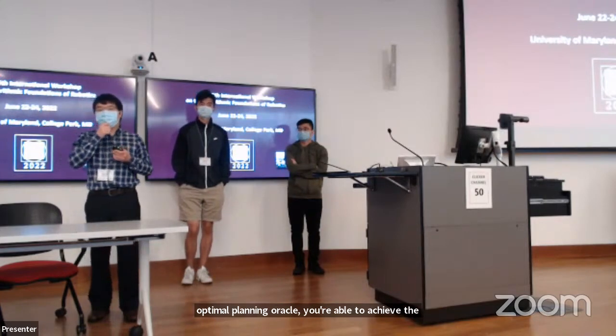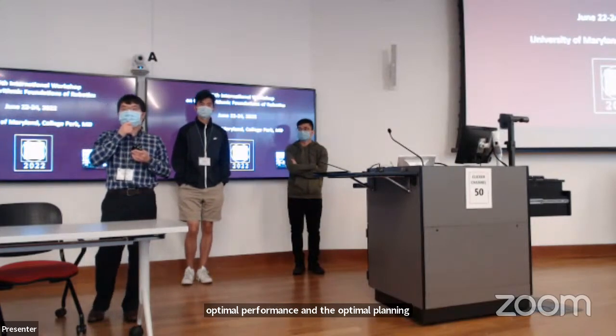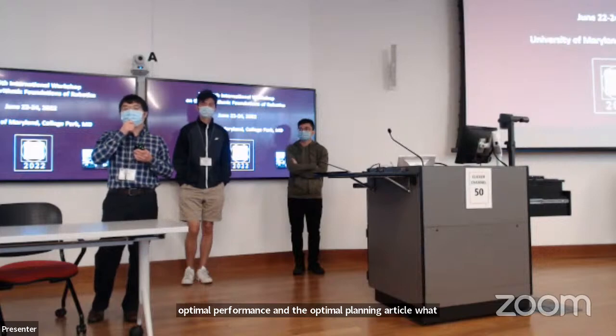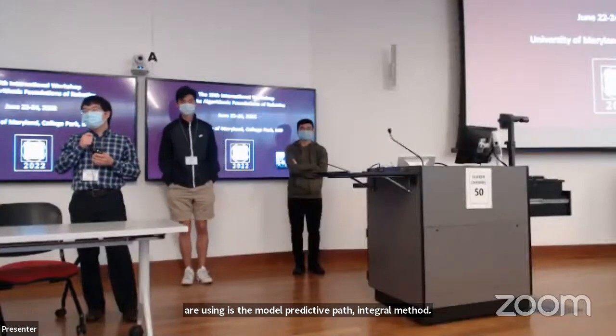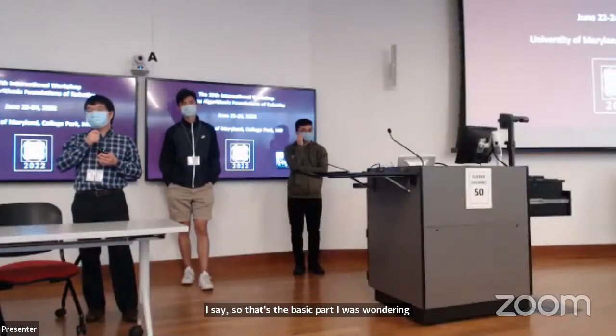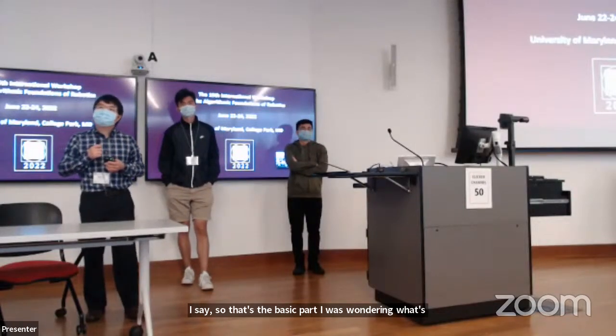And the optimal planning oracle we're using is the model predictive path integral method. I see. So I guess that's the missing part. I was wondering what's the optimism planning oracle you're using. Right. So the second quick question is more about the comparator.